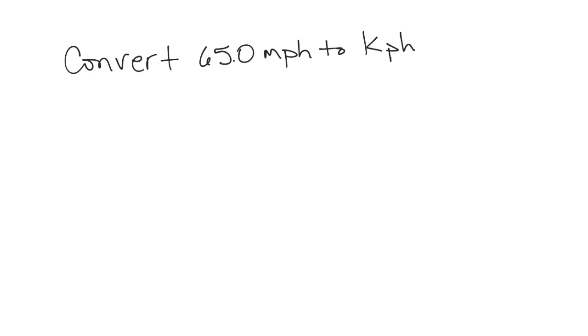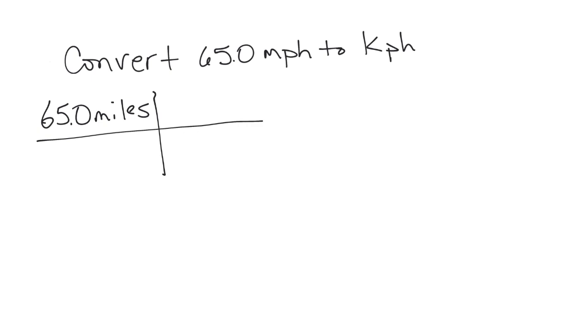So let's do that. Okay, so we're going to put 65.0 miles on top, and we're going to put 1 hour because it means we're going 65.0 miles in 1 hour. Now, this is hours here and hours here. So we don't need to convert the time aspect of this rate.